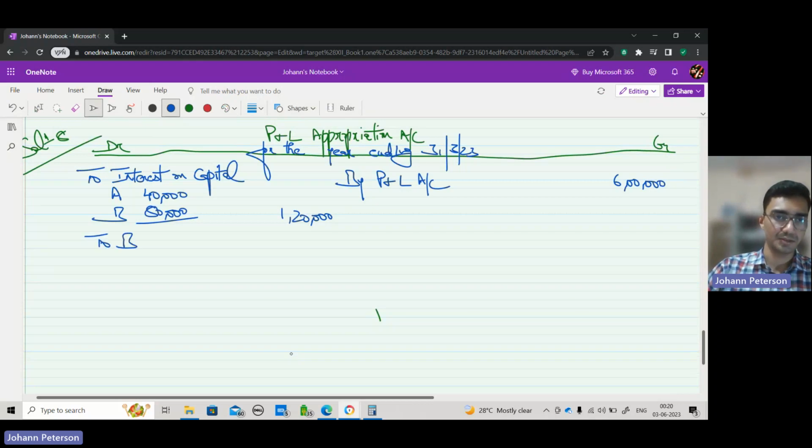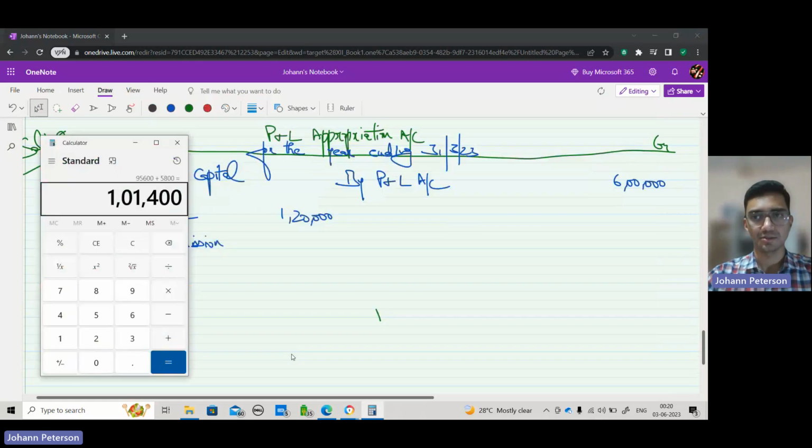Let's write that as B's commission. What is this profit after charging interest on capital? That's what we have to calculate. So that's going to be 6 lakh minus 1,20,000, 4,80,000.